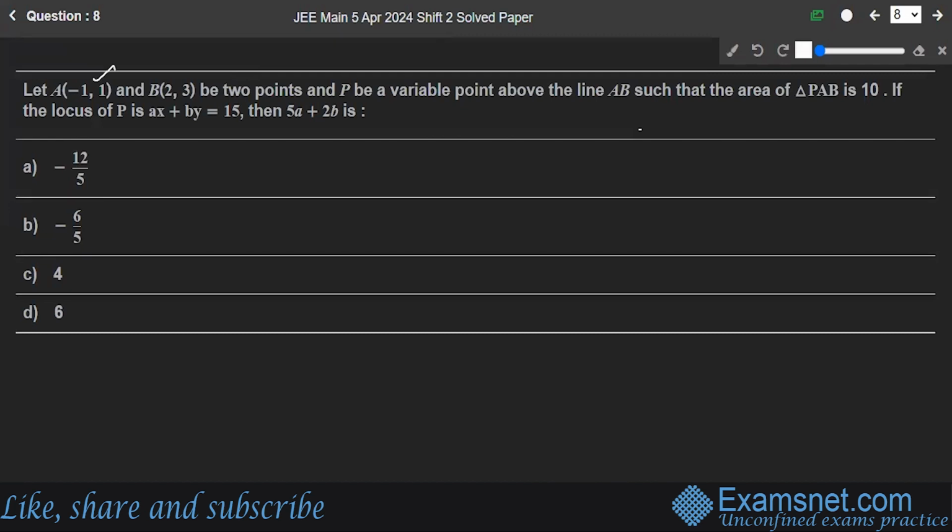Question number 8, let A be this point and B be this point with the 2 points and P be the variable point above the line AB such that the area made by the triangle PAB is 10. If the locus of P is given by this equation, you have to find out what is 5A plus 2B equal to. So let's have 2 points here. This is A and B. Let's say this is any point P such that the area of the triangle PAB is 10.